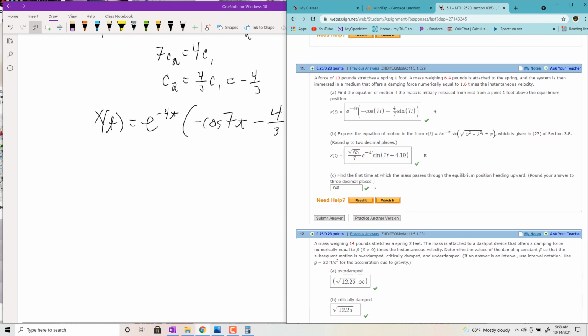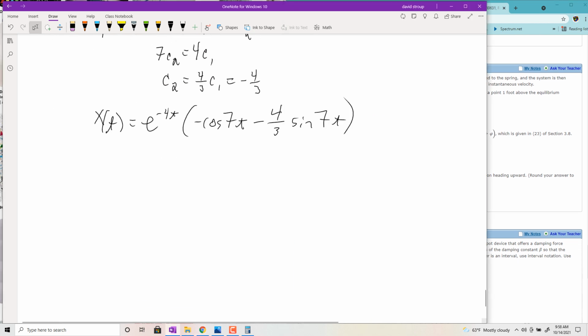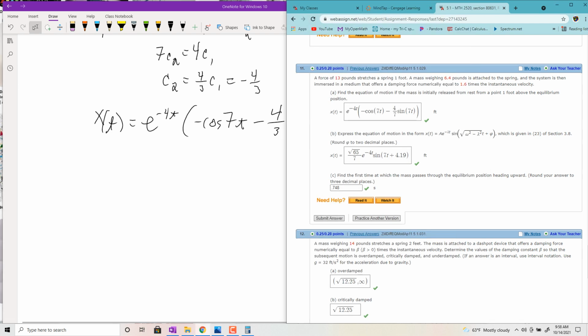Part B, they have an alternative form for the equation of motion when you're dealing with an exponential value in your answer.